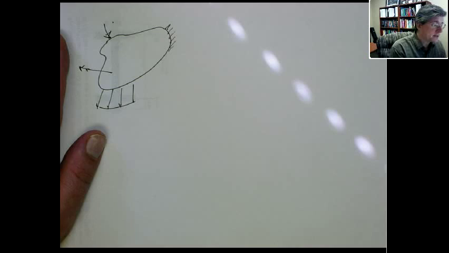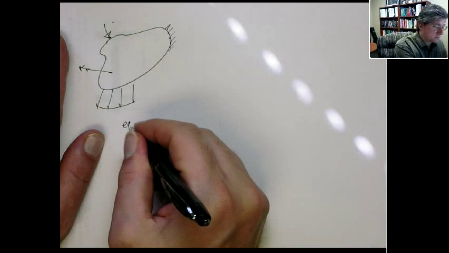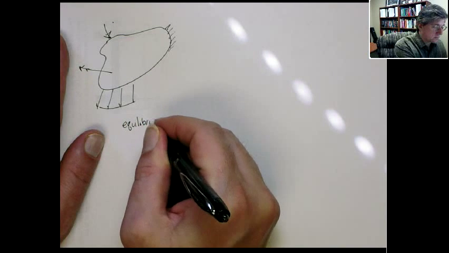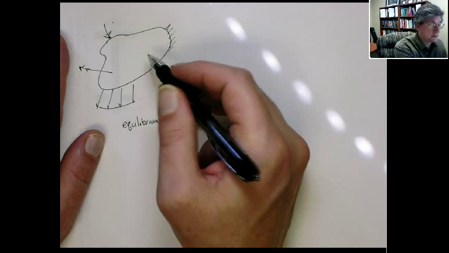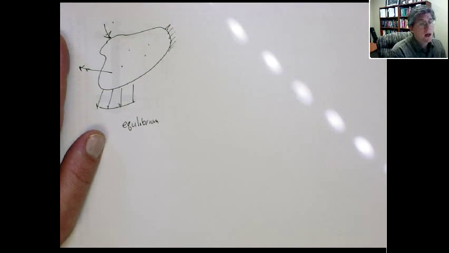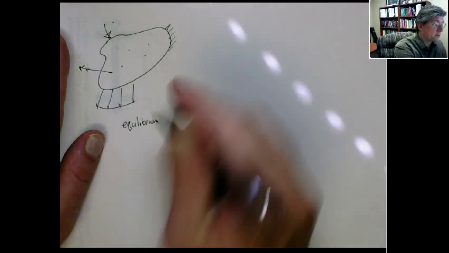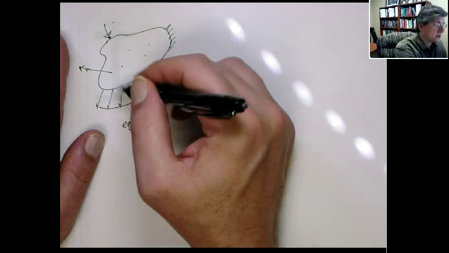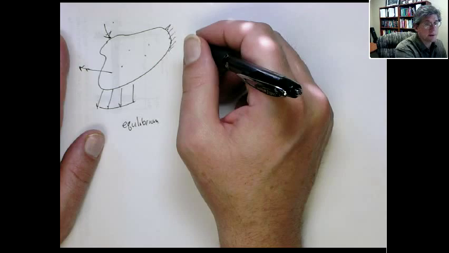Okay, this body's in equilibrium. Every point on this body is in equilibrium. So if we draw a free body diagram of the entire structure, it's in equilibrium.